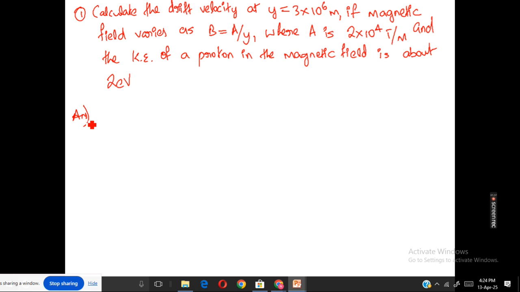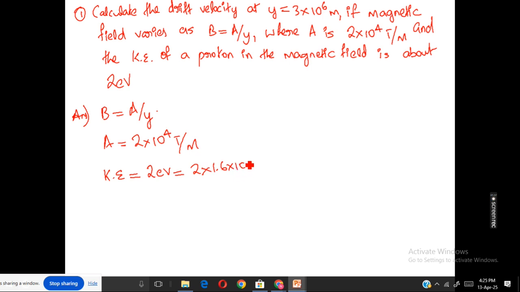The magnetic field varies as B equal to A by Y. The magnetic field is varying along the y direction. A is given as 2 into 10 raised to 4 Tesla per meter. Kinetic energy is given as 2 electron volt, which is 2 into 1.6 into 10 raised to minus 19 joule.